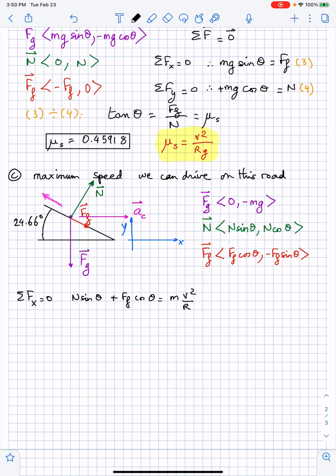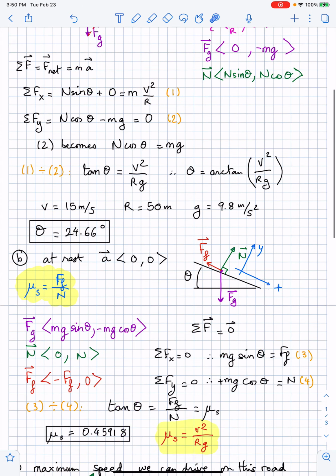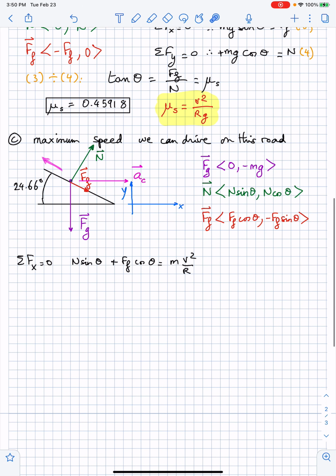Okay, remember the centripetal acceleration, it's the same as what we have right here. So v squared over r in the x direction. And in the y direction, you're going to have negative mg plus n cosine theta minus the force of friction times sine theta. All of this is equal to 0.